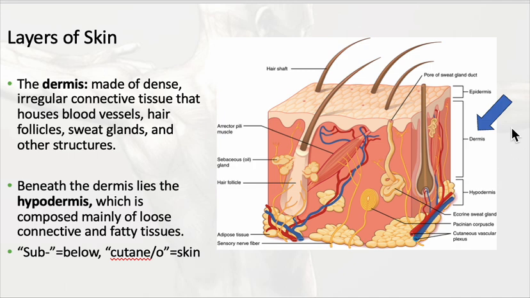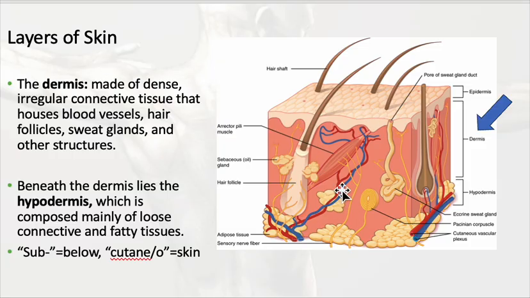The dermis specifically is made of connective tissue, mainly collagen and elastin. And collagen and elastin give skin strength and flexibility. So collagen provides strength, elastin provides flexibility to the skin. The dermis lies beneath and supports the epidermis.